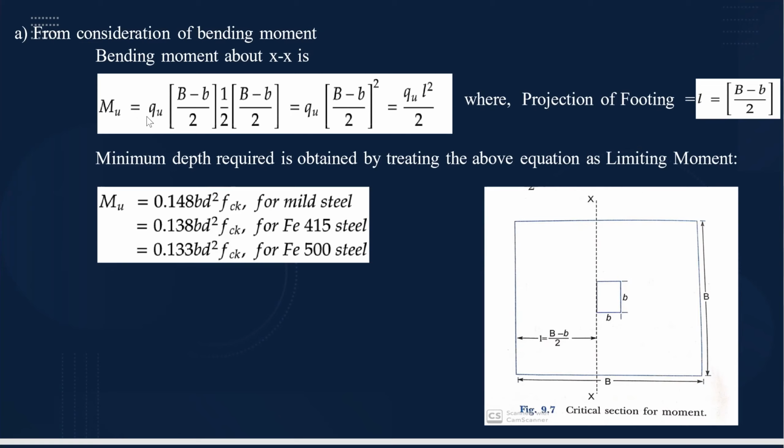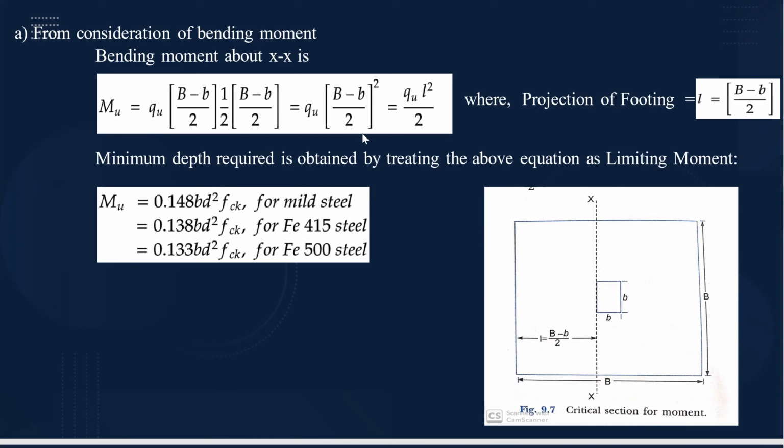As we all know, the soil pressure is QU. The soil reaction is QU. So calculating the moment at section XX will be QU into the distance L, or the projection of the footing, which is B minus b by 2, into half of the distance of B minus b by 2.